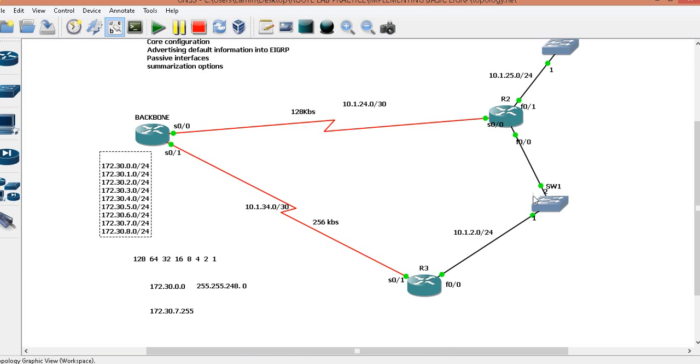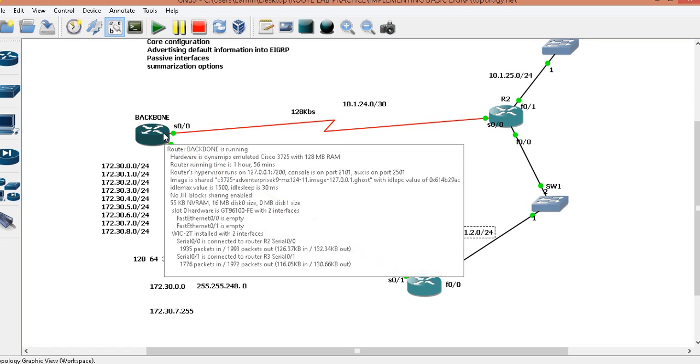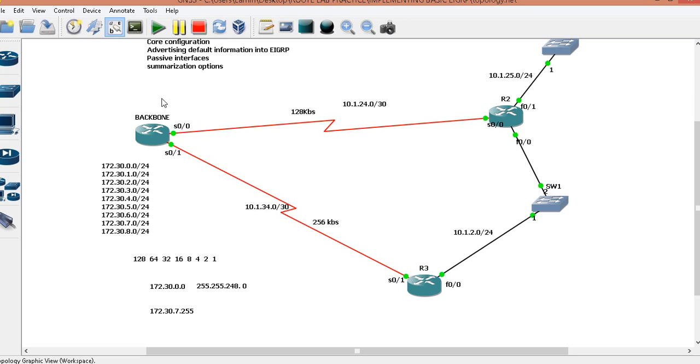So where is that? 10.1.2, this network. For this backbone router to load balance packets, to send some here and some here when reaching this network, how do we do that? We accomplish that by using the variance command in EIGRP.